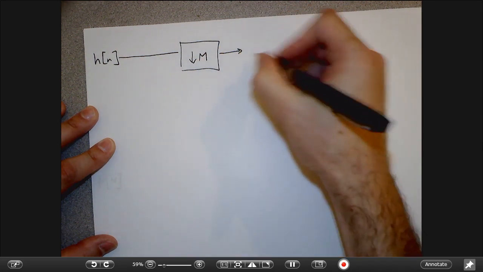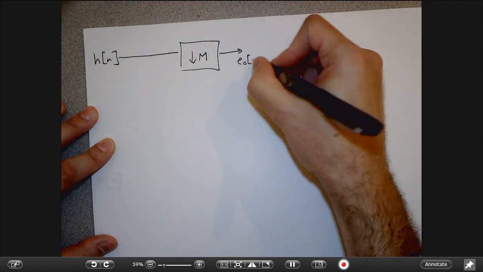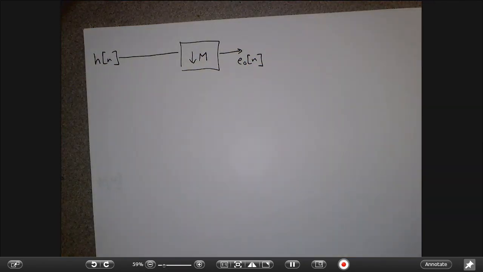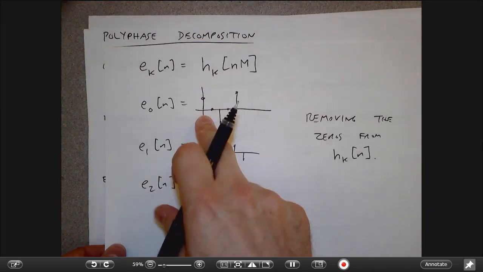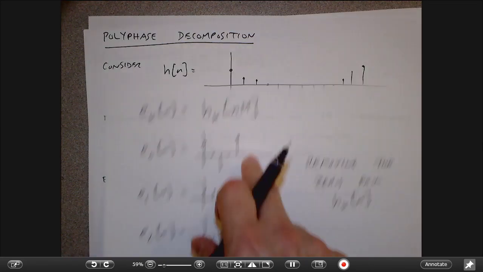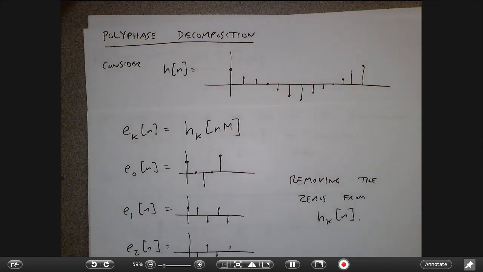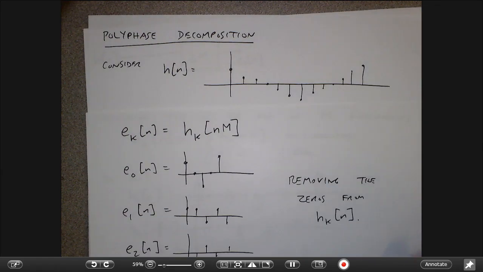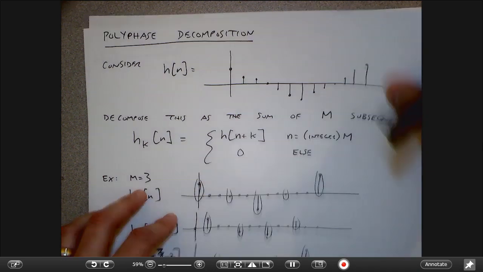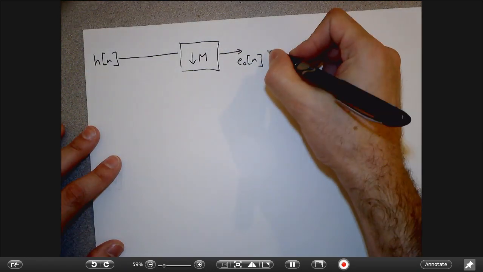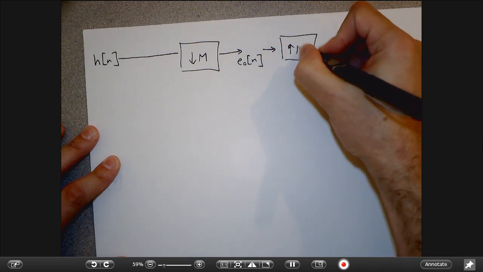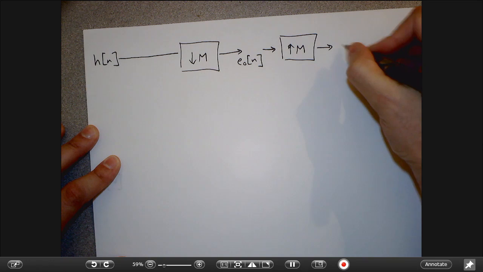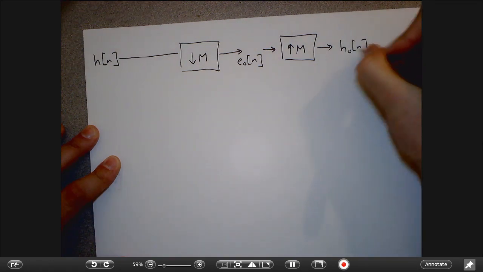That's going to give me what I called E0 of n. That's like saying, take my original signal, take every third element. That's exactly what I would get with this E0, right? So this to this is simply downsampling every mth element. Okay? And then if I wanted to reconstruct my original signal, I would insert zeros between those samples. That would give me the signal that has the spare zeros in it.